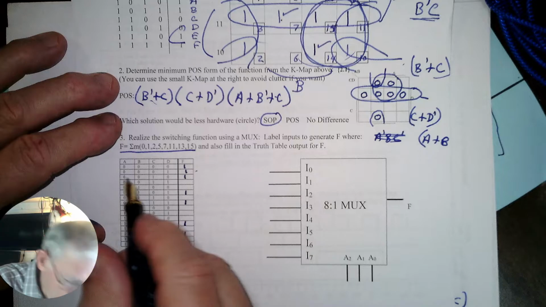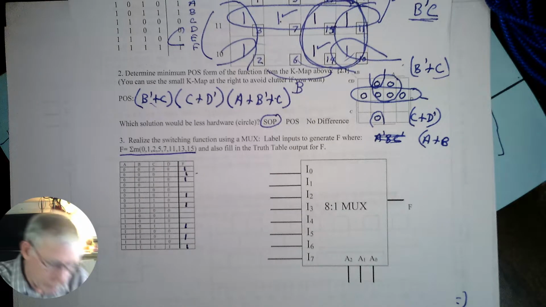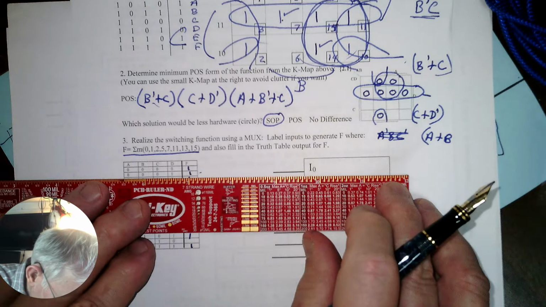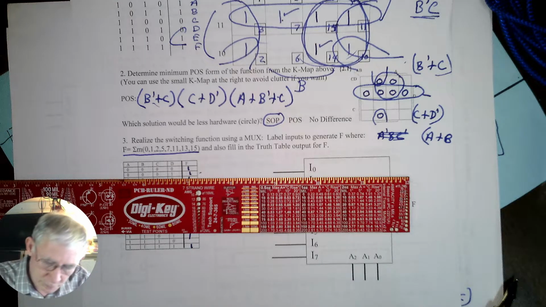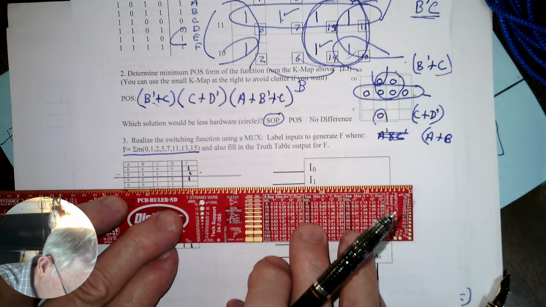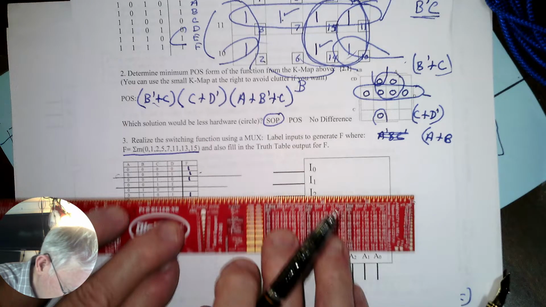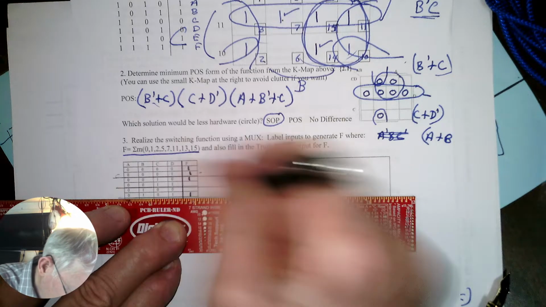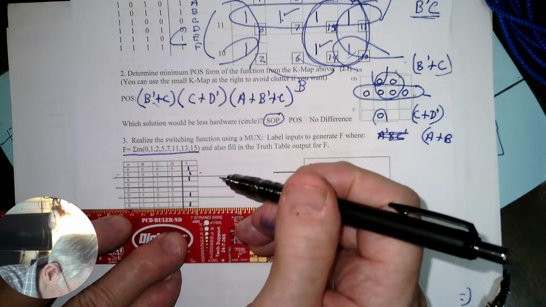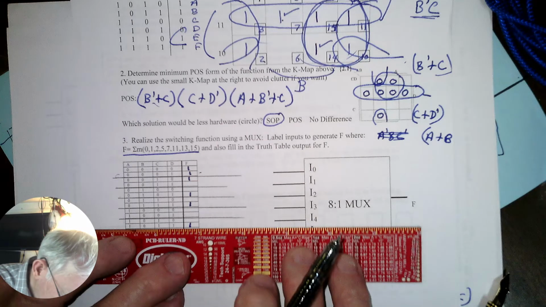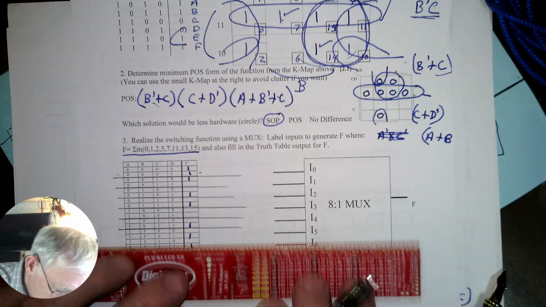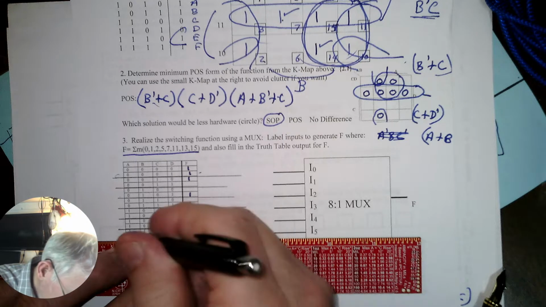All right. Now we're going to do the pairs of rows. So let me draw that out. So we're going to do this pair. Okay.